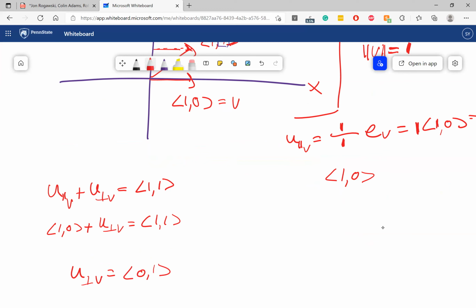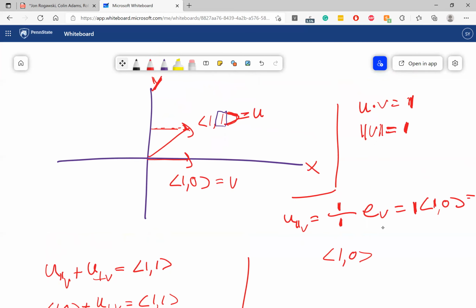So that's just a very simple example, which makes sense. This vector 1, 1 has an x component. And if I project it into the x direction, I recover the x component, which is this over here, 1, 0. And then if I want to recover the original vector, I just have to add whatever y component there was that I got rid of, and I recover the y direction. In this case, it's 0, 1.